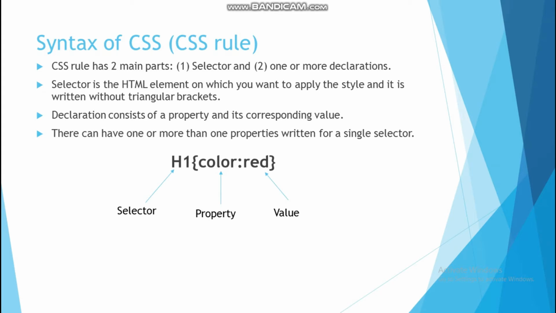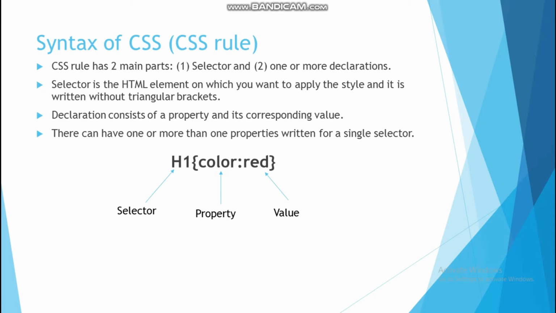So suppose example, here you can see the h1 selector is given. Actually this is h1 element in HTML, and in CSS this is known as selector. Here no need to write h1 in triangular bracket, remember.